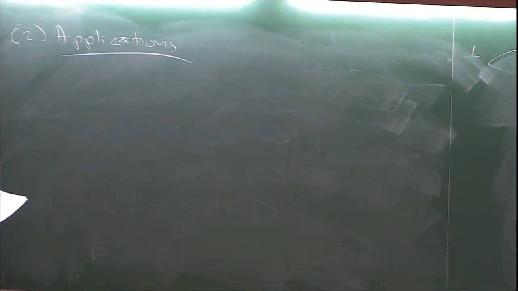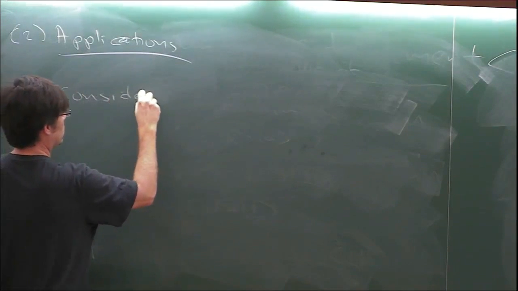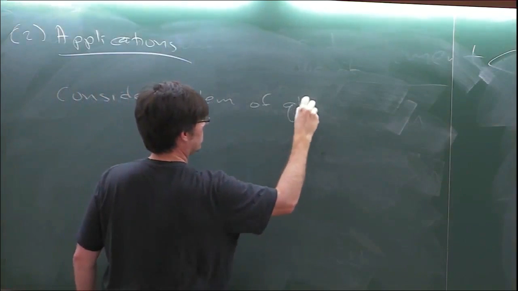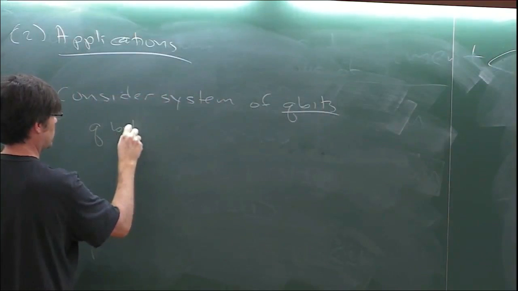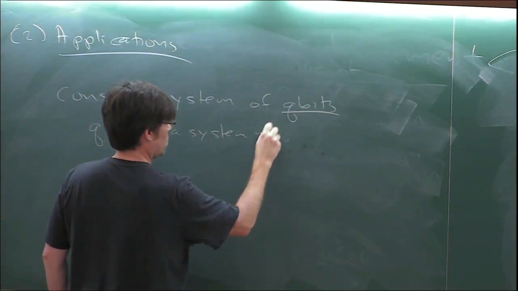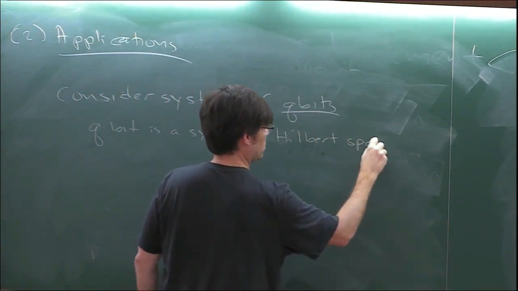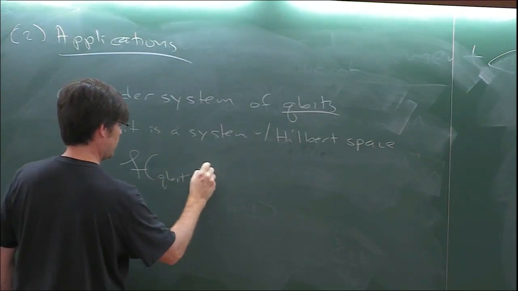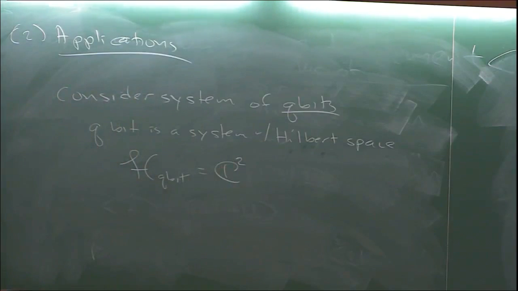Now, in general, I'm going to consider systems of qubits. A qubit is a system with Hilbert space H qubit equals C2, so it's mathematically identical to the Hilbert space of a spin one-half particle.